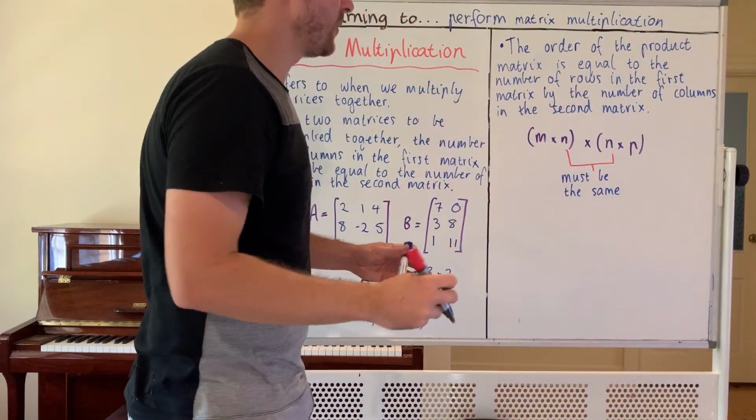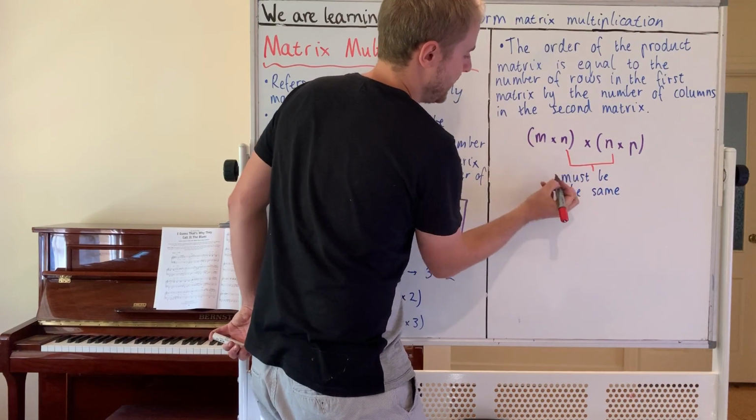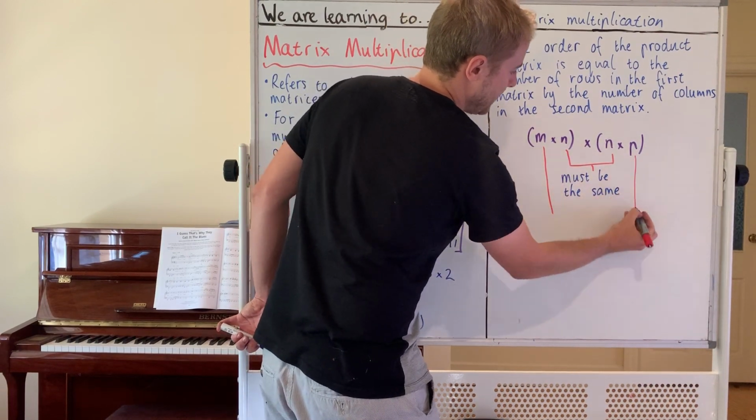And then the order of the product matrix, once you've established that the middle numbers are the same, will be the two outside numbers.